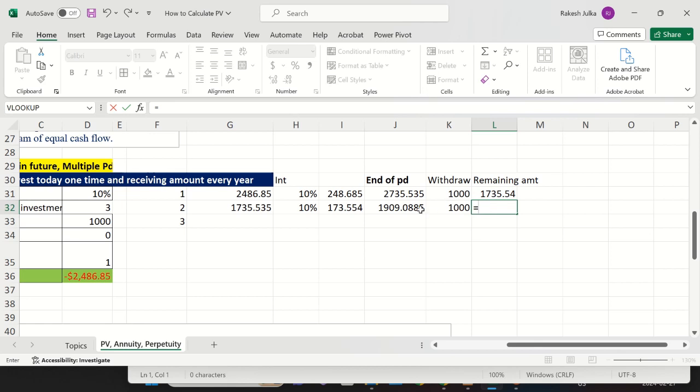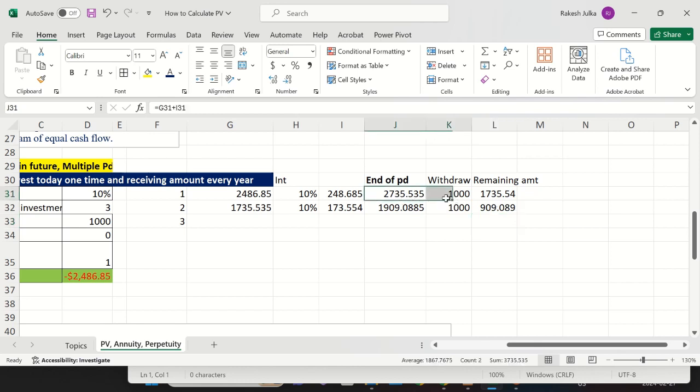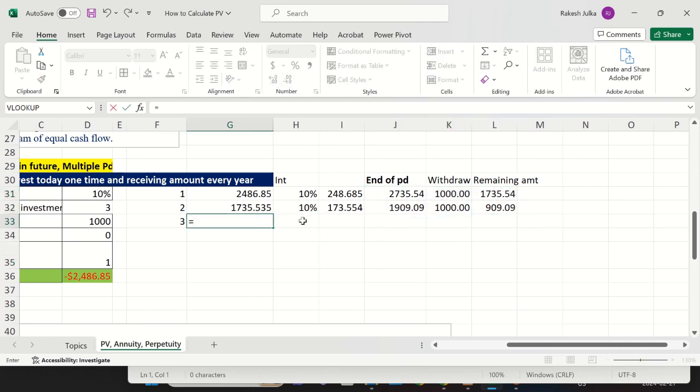Now what is the rest of the amount we will have? So the rest of the money that we will have, let's see, this minus this, enter. So $909 that we will have at the end of the second year, right? So now this money at the beginning of the period, exactly the same money will be there.